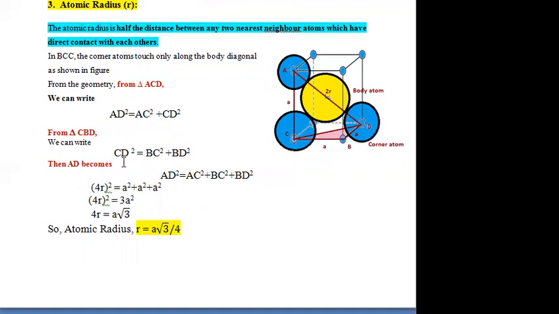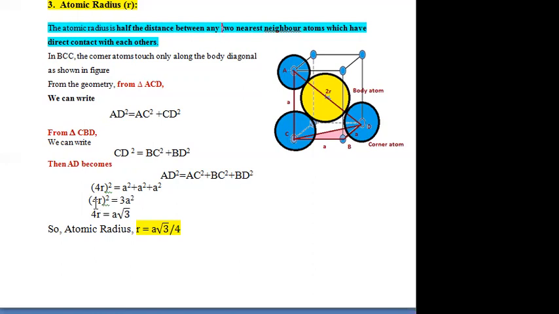We can write AD is equal to AC plus BC plus DB, or we can say that AD square is equal to AC square plus BC square plus BD square. AD square is 4R square, AC is a square, BC is a square, and BD square is also a square.